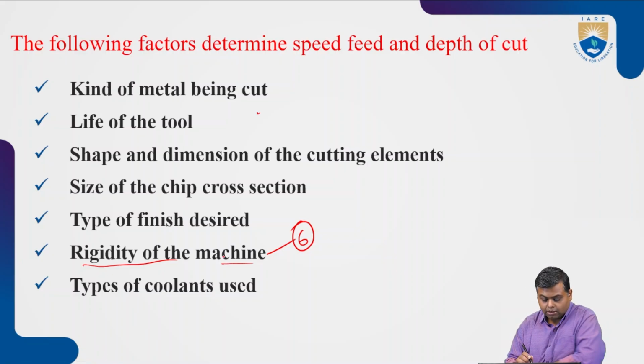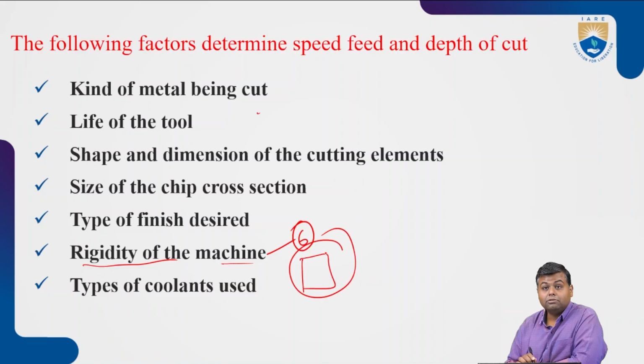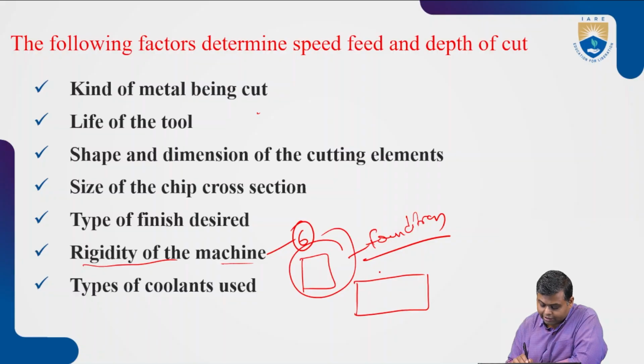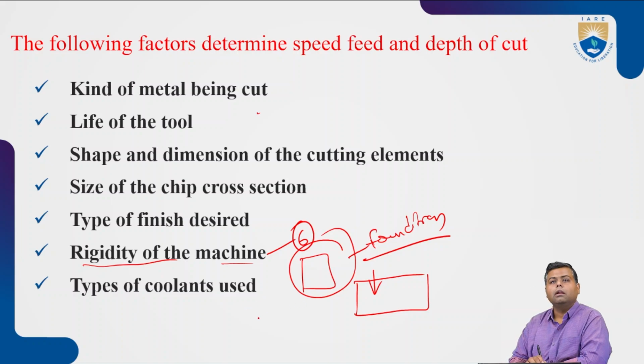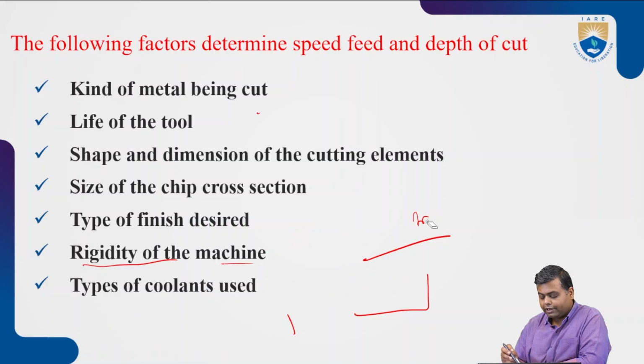Rigidity comes with respect to the individual part assembly, the overall assembly, as well as the foundation of the machine. If you don't have a proper foundation, the machine will lose its rigidity, and that will affect the machining process. If it affects the machining process, indirectly it will affect factors like speed, feed and depth of cut.